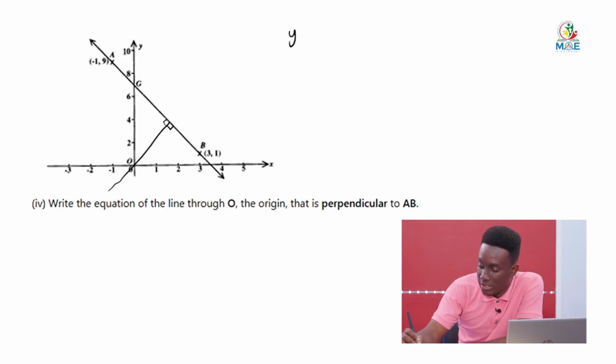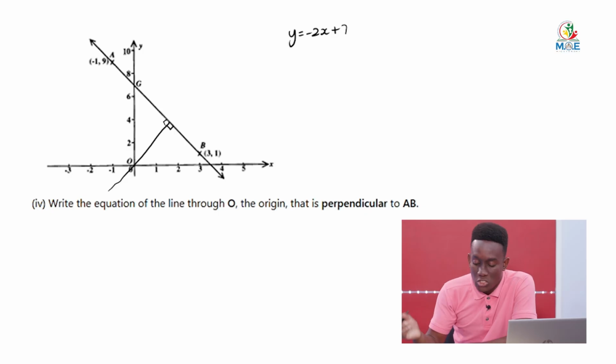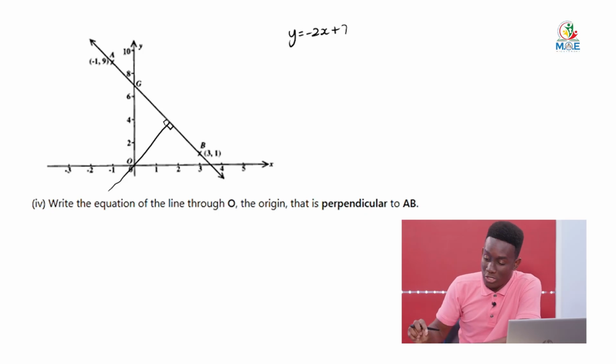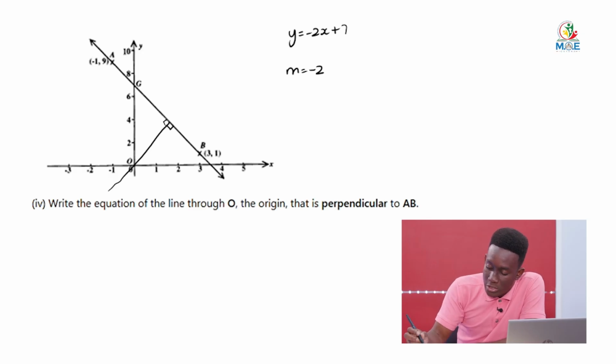We know the relationship when dealing with perpendicular lines is that the gradient is the negative reciprocal. The gradient of the line AB is negative 2, so the gradient of the line perpendicular to this would be the negative reciprocal of this.